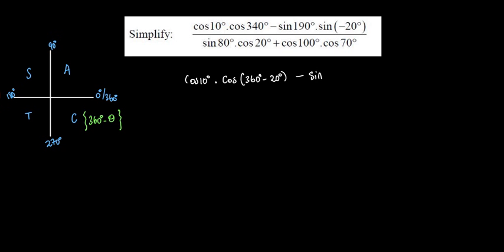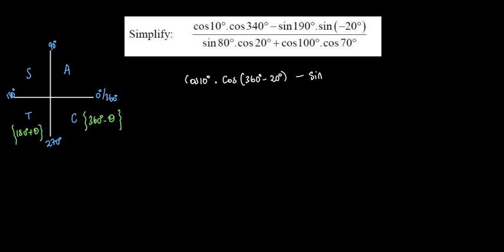All right, so 190 is in this quadrant, and remember, it's 180 degrees plus theta. So you ask yourself a simple question: what must I add to 180 degrees to get 190, right? 180 plus 10 gives 190.